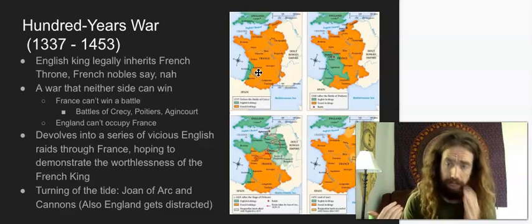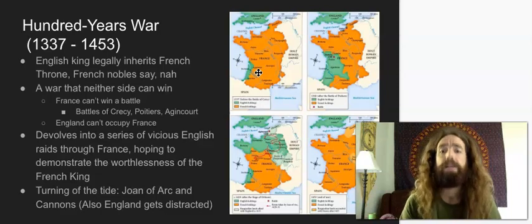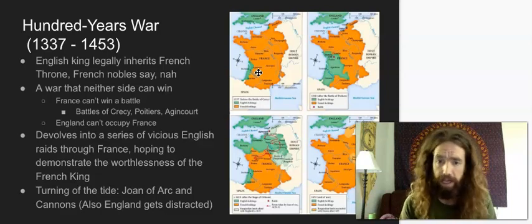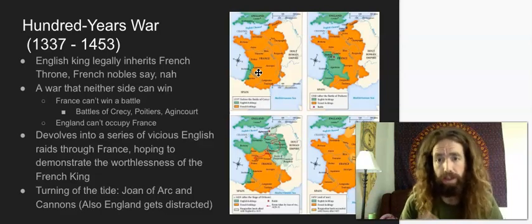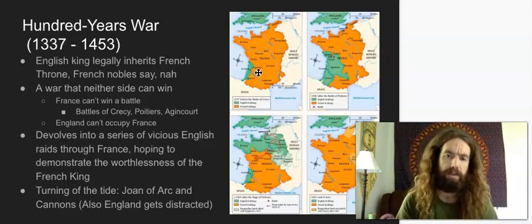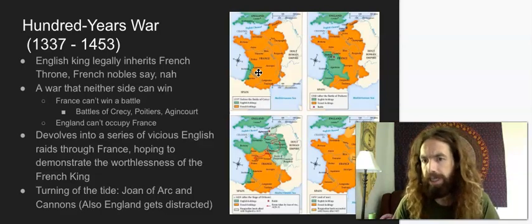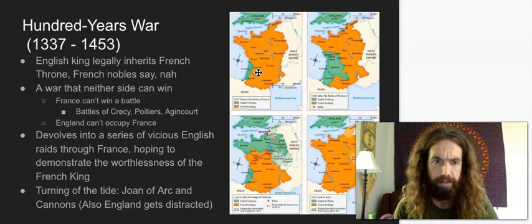And she is able to rally the completely demoralized French knights to fight the English once again. Under her leadership, the French knights are able to actually beat the English and force the English to stop attacking France. The war isn't ever really officially ended, and English kings will continue to claim the title of King of France for the next 100 years.